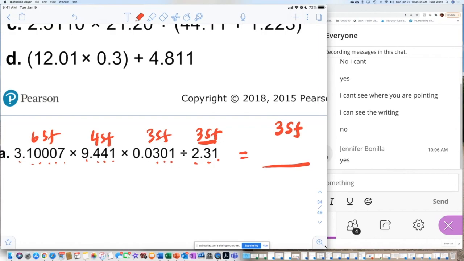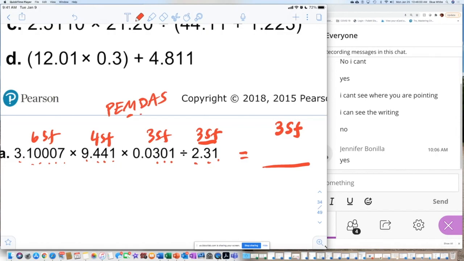3.10007 times 9. In PEMDAS, I'm doing PEMDAS in my head. I'm multiplying first before I divide, right? So 3.10007 times 9.441 times 0.0301.